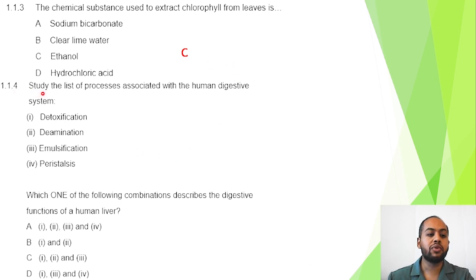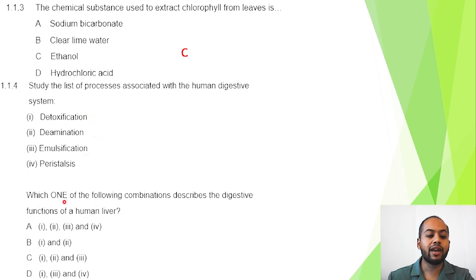Question 1.1.4 states: study the list of processes associated with the human digestive system. Detoxification, deamination, emulsification, peristalsis. These are all things that happen in the human digestive system.